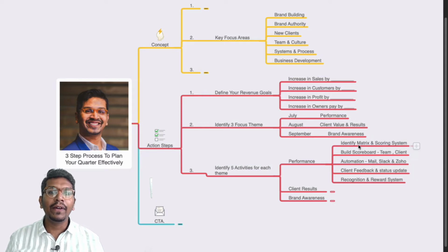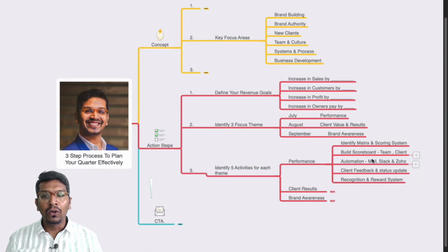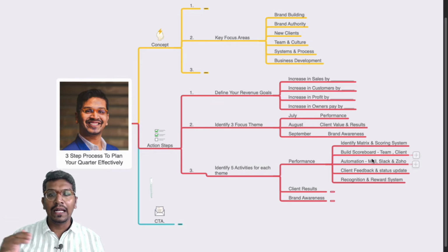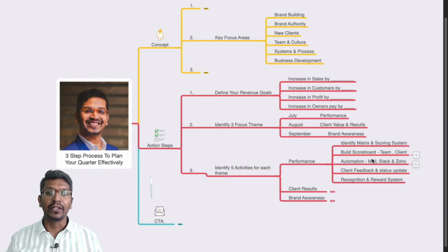First is identifying metrics and scoring systems for my internal team and clients, then building a scoreboard. First I've identified the metrics and scoring system, and then comes the scoreboard where I'll be actually monitoring and tracking my performance on a day, week on week and month on month basis, at the team level, the client level and the organization level.